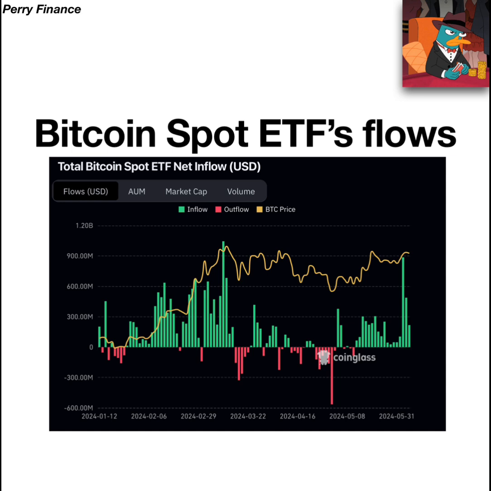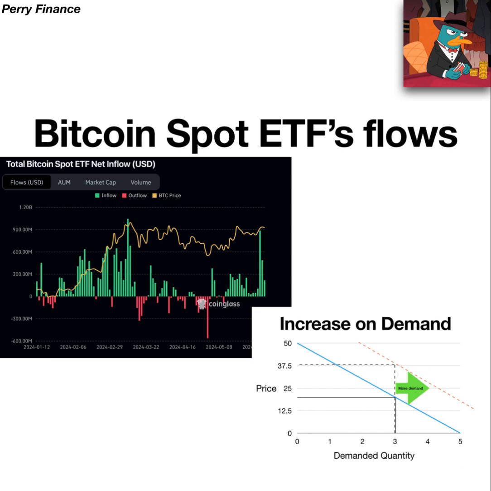Key features of a Bitcoin Spot ETF are: they track the spot price of Bitcoin, hold a corresponding amount of Bitcoins to back every share, offer a regulated and liquid way to invest in Bitcoin, can be traded on a major exchange like stocks, and typically have a management fee and brokerage fee. The Bitcoin Spot ETF shifts the demand curve to the right, increasing the price for the same quantity demanded on the previous schedule.